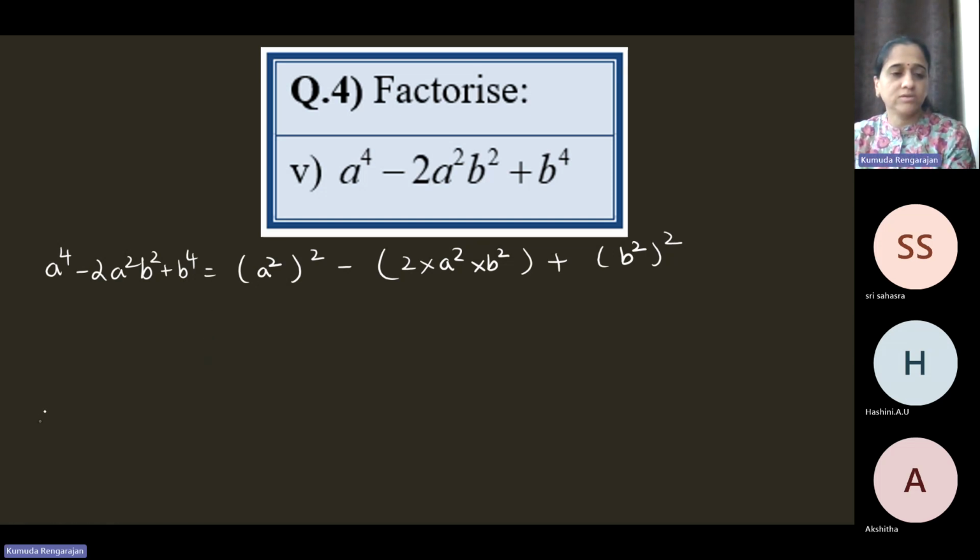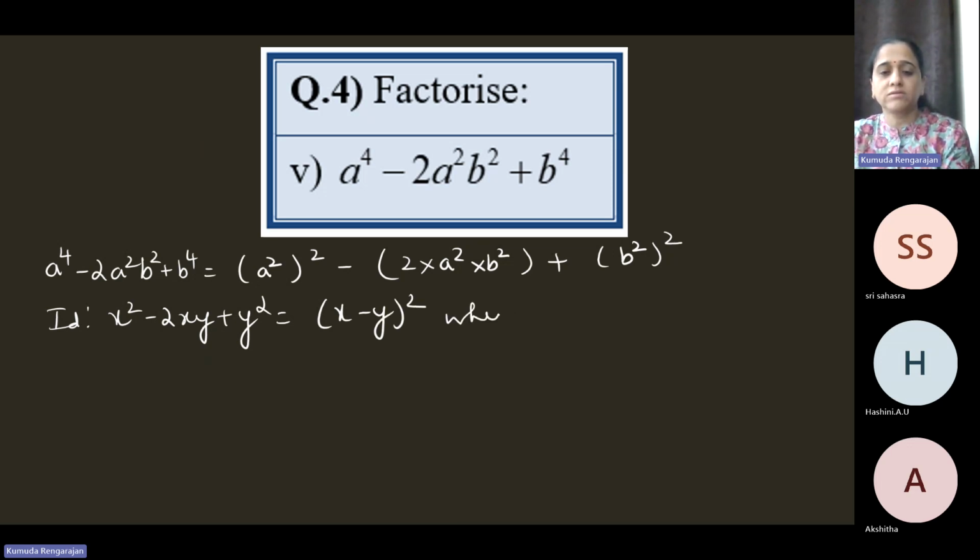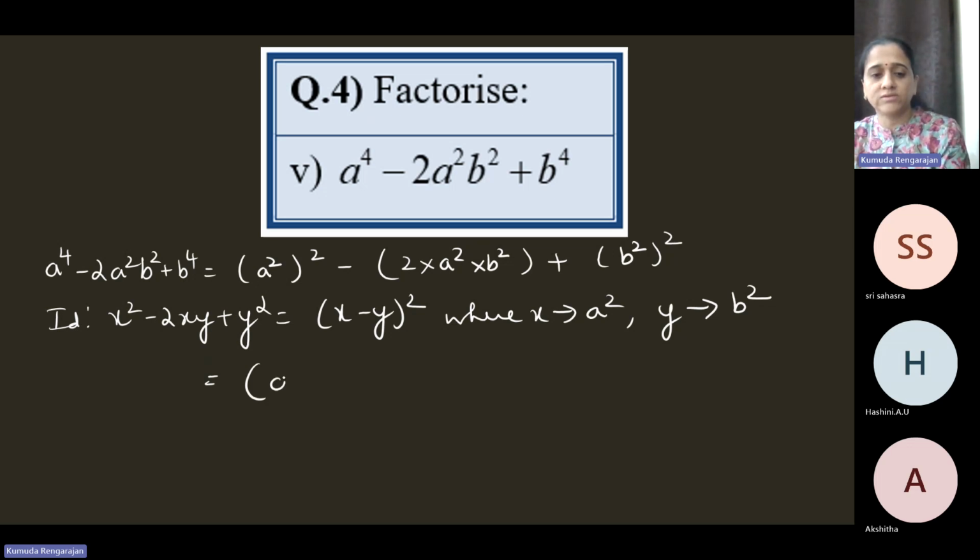The identity used here is x squared minus 2xy plus y squared can be written as x minus y the whole square. Here x is a squared and y is b squared. So the answer is x minus y the whole square.